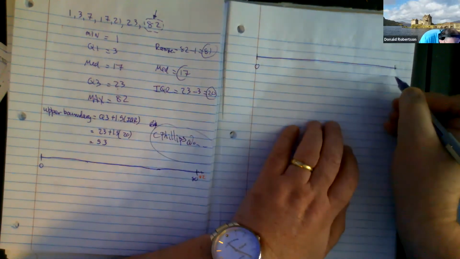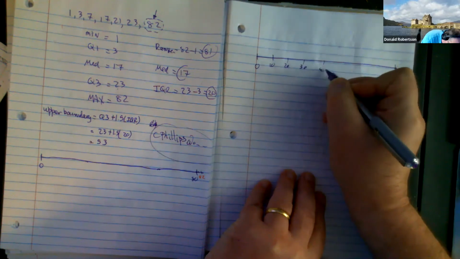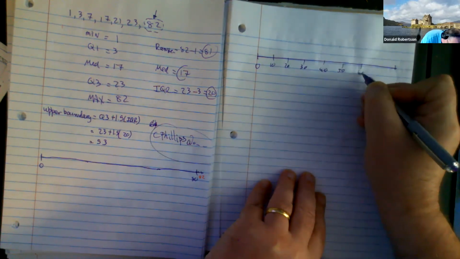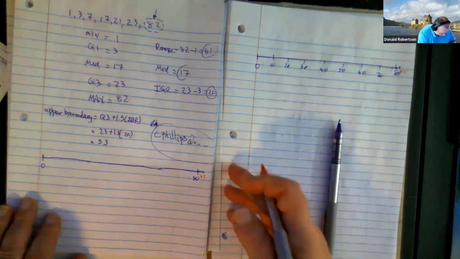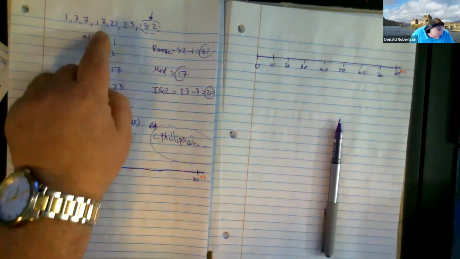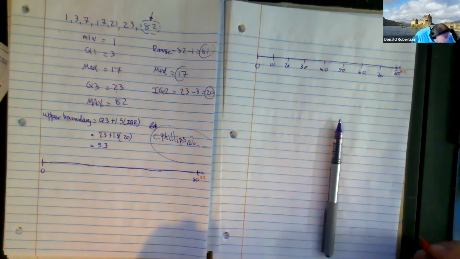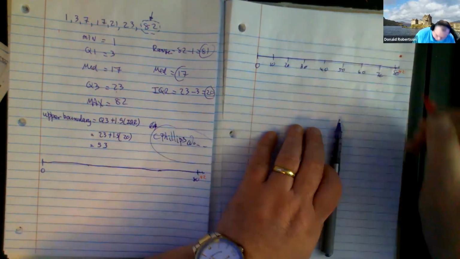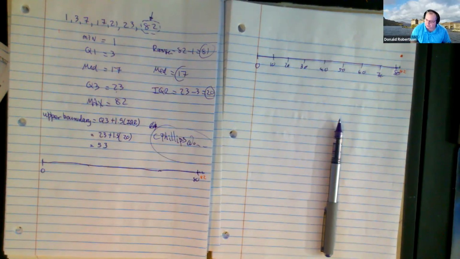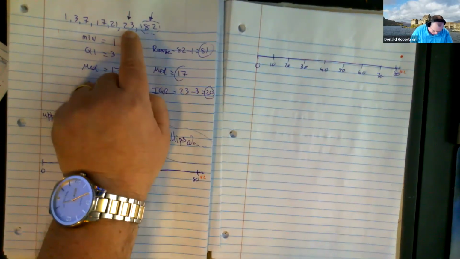I'm going to pretend there's like 10, 20, 30, 40, 50, 60, 70, 80, and there's 82. So I'm going to use my 5-figure summary in a slightly different way. If you identify an outlier, you just put a dot there. Right? Just a dot. You then have to go and find the next number, 23.